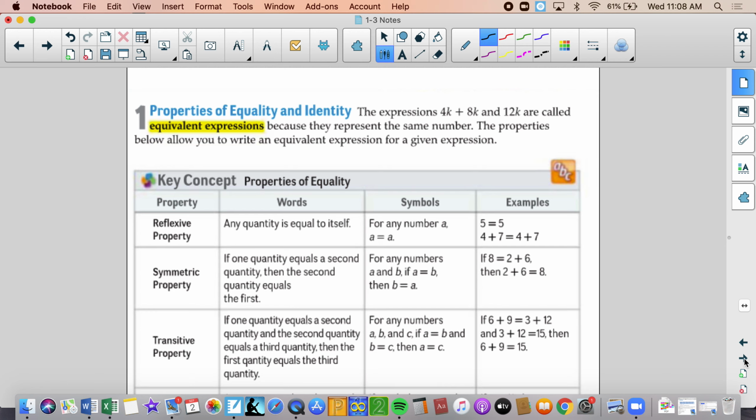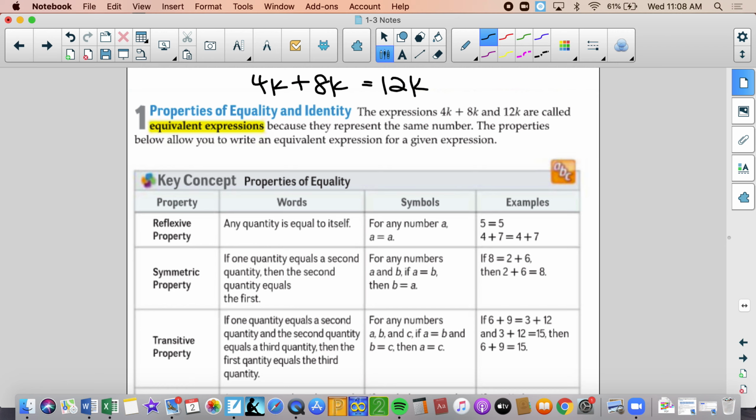All right, so properties of equality and identity. The expression 4k plus 8k and 12k are called equivalent expressions. If we add 4k plus 8k, we know that that is going to equal 12k. So if we have 4 kernels plus 8 kernels in our pot, we know that we will end up with 12 kernels. I always try to associate variables with real world things so we can see that.